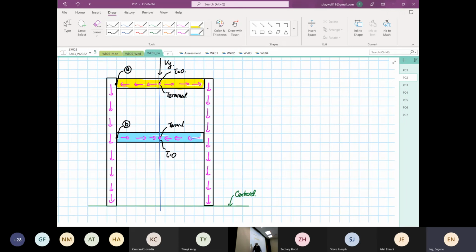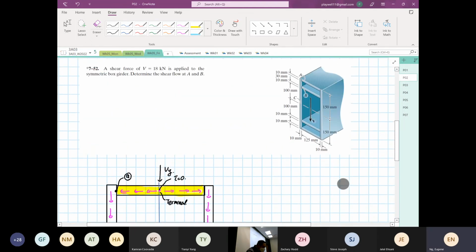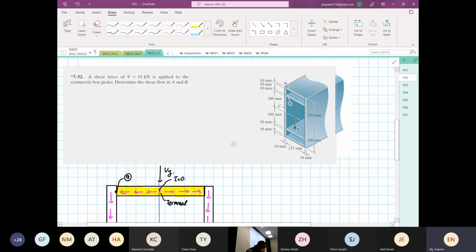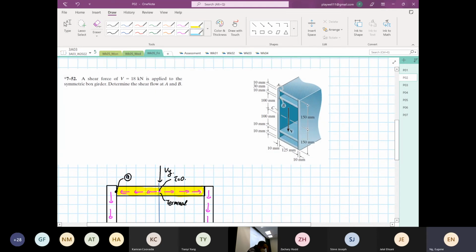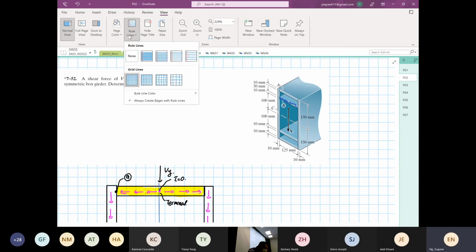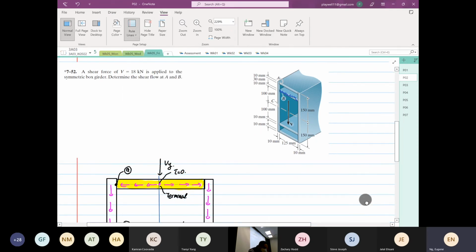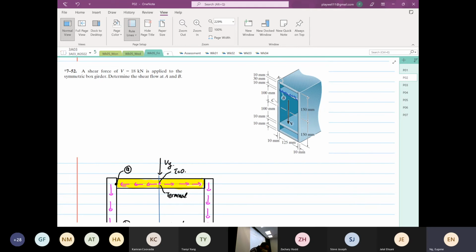So when we calculate our first moment of area, we only calculate this section over here. So I'm going to show you how to calculate the shear flow at point B. So the Q at point B, the first moment of area at point B.